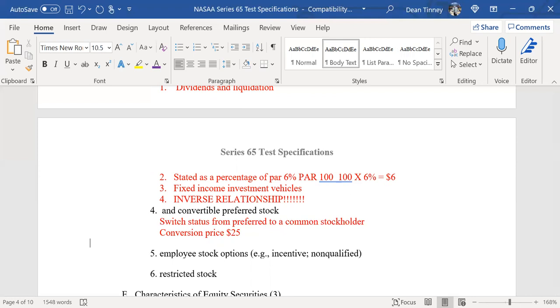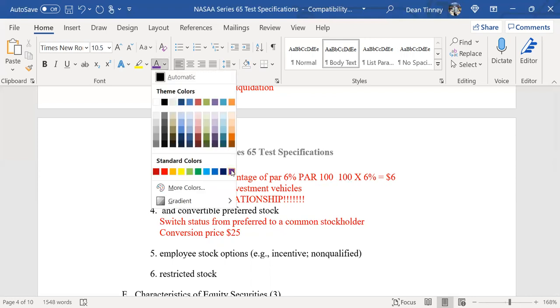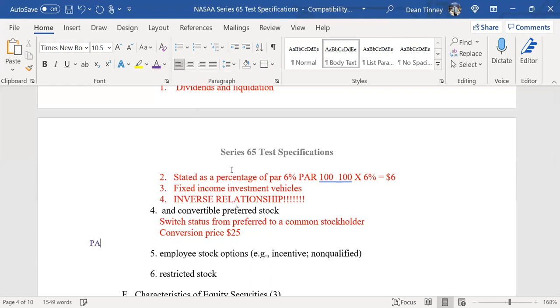And the way we're going to do that is we're going to take par. Again, let me get a different color here. There we go. Remember, par is $100. And we're going to divide by the conversion price, which in this case is $25. And we get, very important, the conversion ratio.